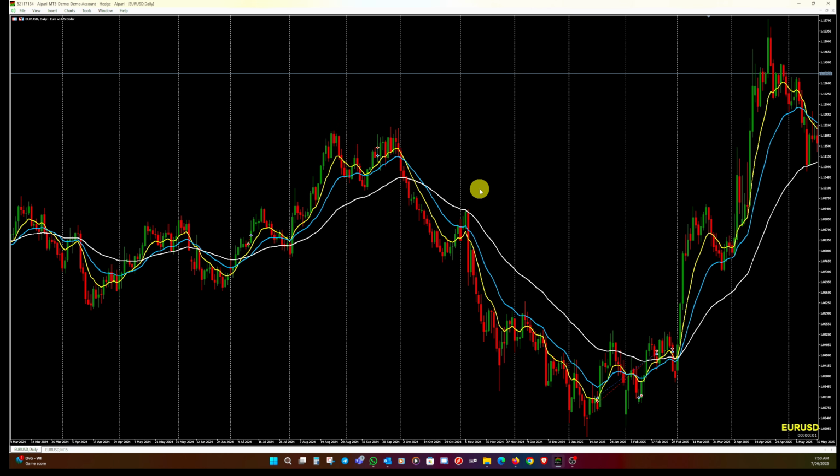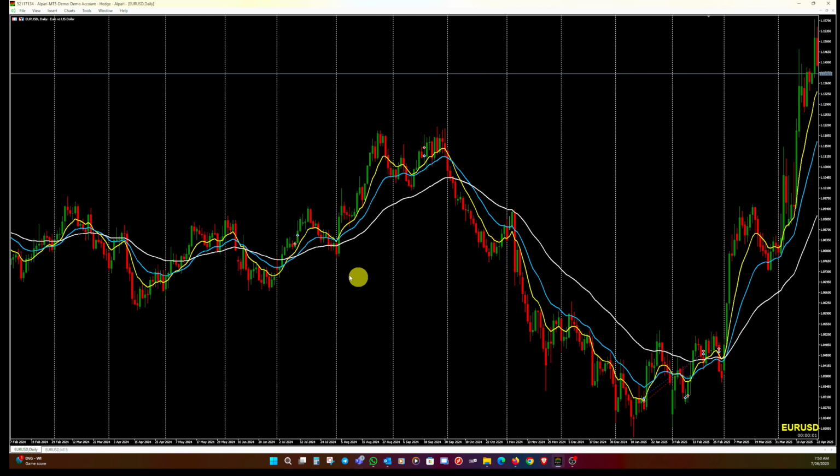And here's some examples. So here, for example, we have a pullback looking at a long trend when the price is above the 50 moving average, and especially when we have 3 moving averages all lined up. So if we have a pullback here to the moving averages and a close above, this is using the same moving average strategy that we were previously using for day trading as well.